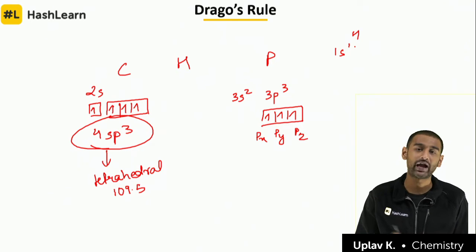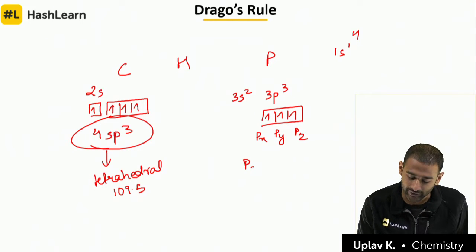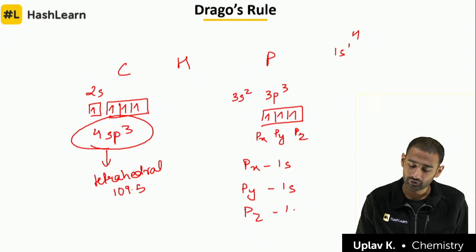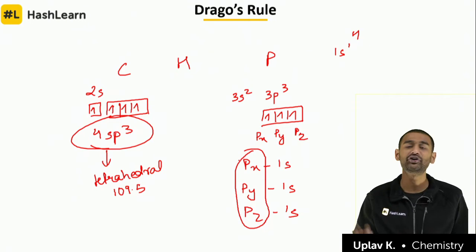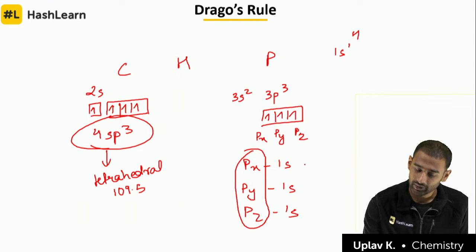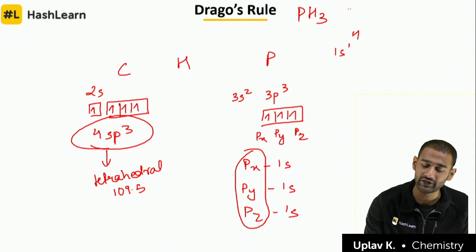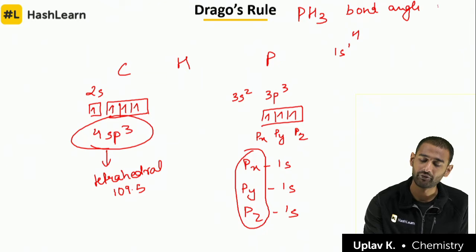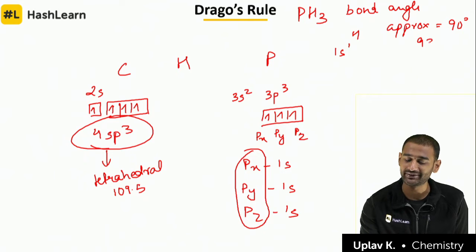If hybridization doesn't happen, what bonds are formed? Can I say that one bond is a px-1s bond, another bond is a py-1s bond, and the other is a pz-1s bond? Because all of these three are mutually perpendicular to each other, the bonds will also be mutually perpendicular to each other. Because of such reasons, we expect that PH3 will have a bond angle of approximately 90 degrees. It actually has a bond angle of 93 degrees.